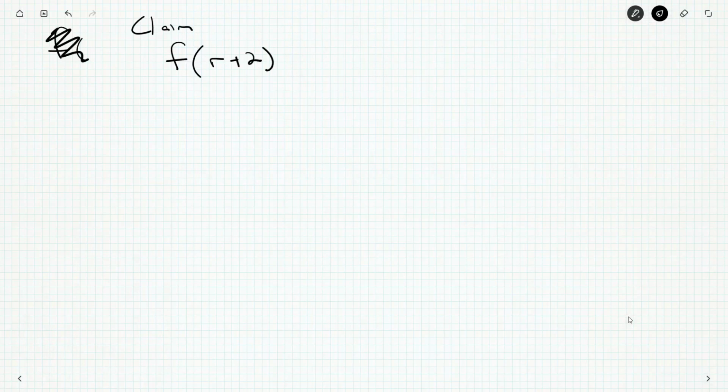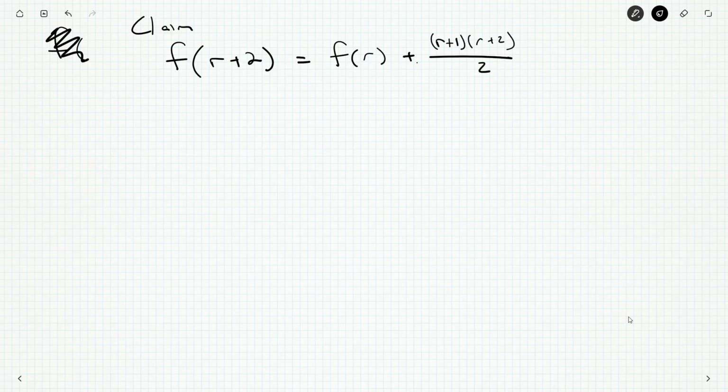So here's another observation I could make. Based on if that formula is true, then I don't think it's going to be very hard to prove that f of, let's say, r plus 2 is f of r plus the r plus first triangular number.